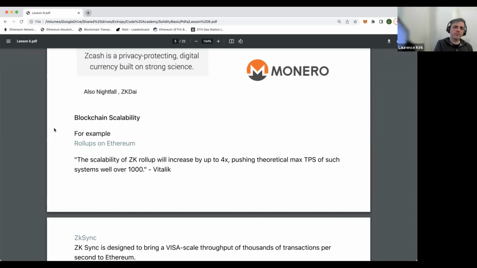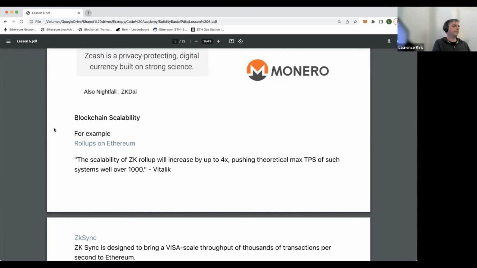And then people came up with the idea of rollups. And we'll go through this a lot more in a future lesson, but the idea of a rollup is that rather than submitting transactions individually and processing these individually, you get a batch of transactions all together, and if this is a zero knowledge rollup, you create a proof that these transactions are all correct, and then you submit that to Ethereum rather than getting Ethereum to check each transaction individually.